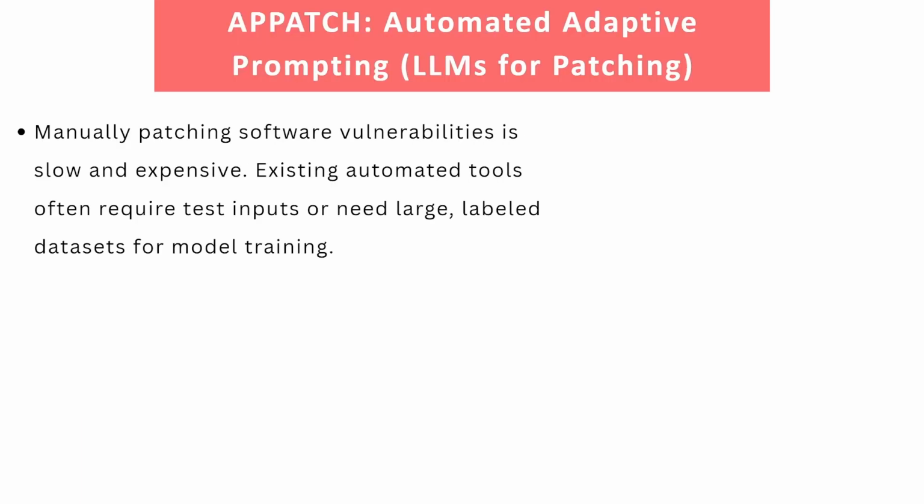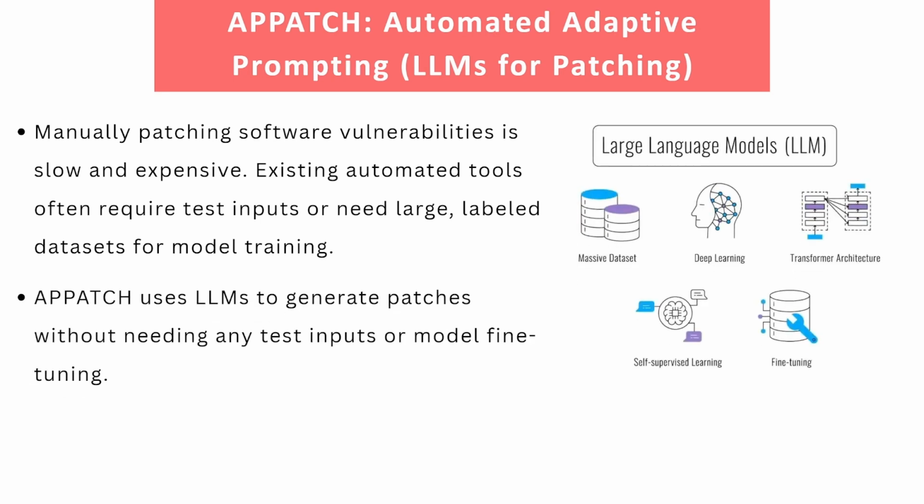Next, we have APatch, automated adaptive prompting. Here, the author says that manually patching software vulnerabilities is a slow and expensive process. And the current automated tools require test inputs or exploits, which don't exist for zero-day vulnerabilities, or they need large labeled datasets for model training.